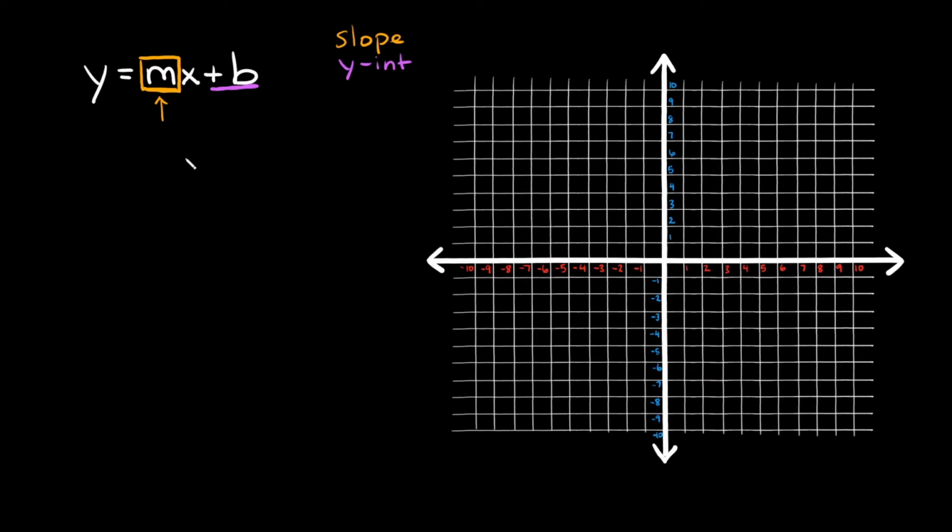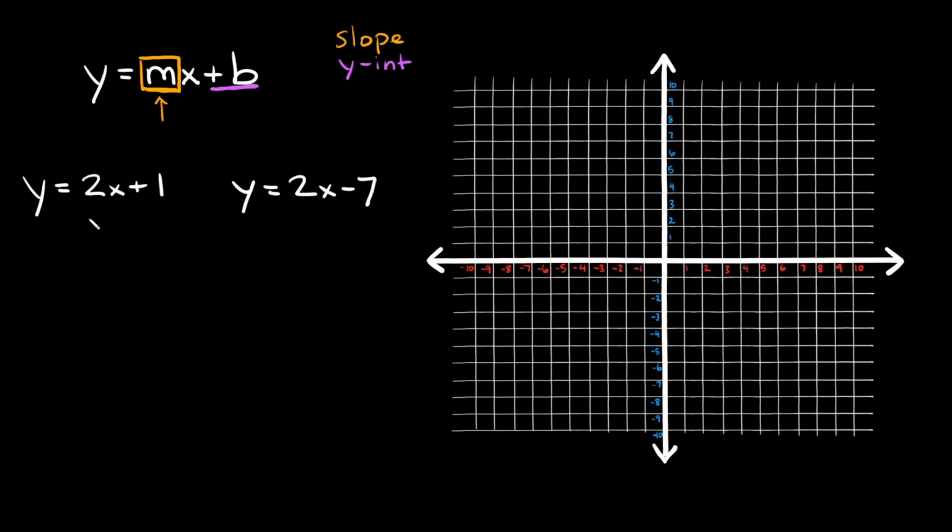So let me give you an example. If we were trying to figure out if these two equations were parallel, let's use y is equal to 2x plus 1 and y is equal to 2x minus 7. Are these two equations parallel?